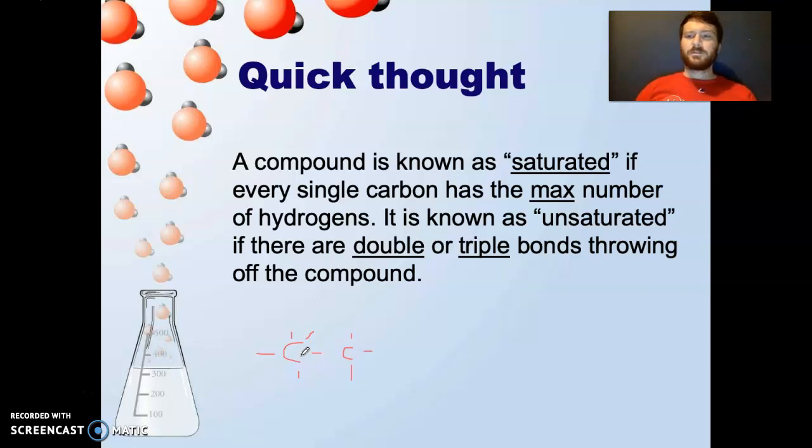You often hear the word saturated used with fats. Do you have too much saturated fats? Getting those Twinkies? Saturated fats, as you should know, are the bad fats for the most part. And that's because the saturated fats are all in a line. All these carbons are in a line, and they have hydrocarbons.